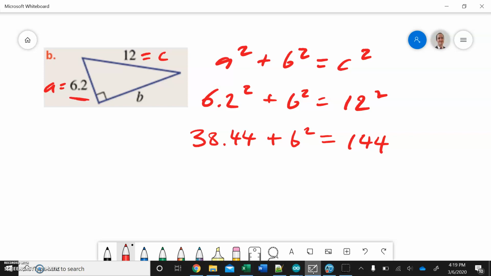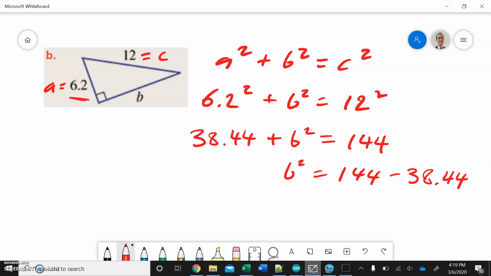Again, we want it to say B equals something, so we need some inverse operations here. We need to subtract 38.44 from both sides. So we get B squared equals 144 minus 38.44.